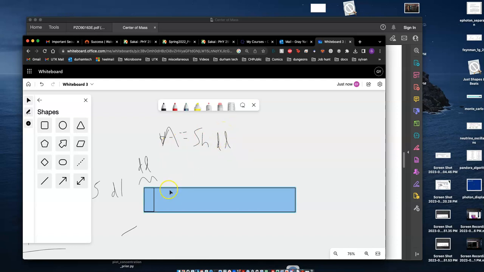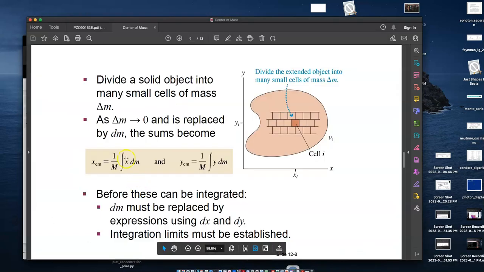That's a weird way to do it because it's a rectangle, but if we had some funky object with a variable height, that would be a valid way to do it. So we're doing the same thing. We're integrating each x position of each tiny little segment of mass, once you're dealing with a contiguous object, to find the center of mass.